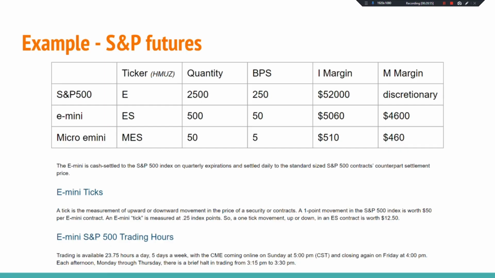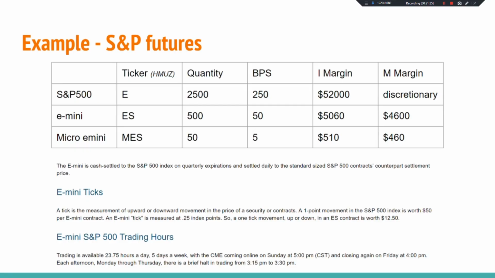Your maintenance margin is discretionary depending on your broker. To trade the ES or the E-mini contract, it's 500 of each of the stocks essentially, or 500 times the S&P 500. Your initial margin's $5,000. Your maintenance margin's $4,600. So if you were wanting to trade one contract, your margin requirements are just shy of 10k.